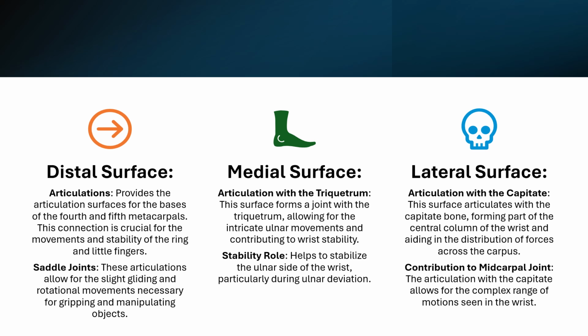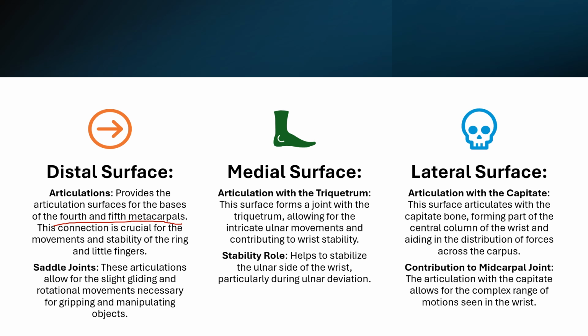We also have the distal surface. The distal surface articulates with the bases of the fourth and the fifth metacarpals, and this connection is crucial for the movement and stability of the ring and little fingers.